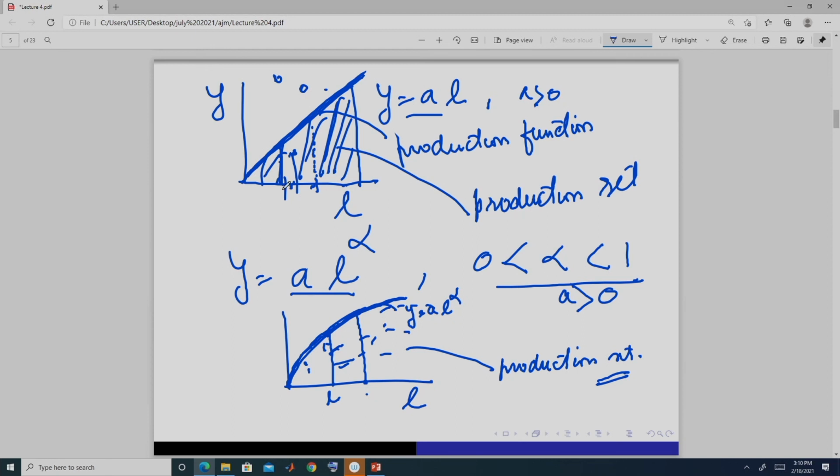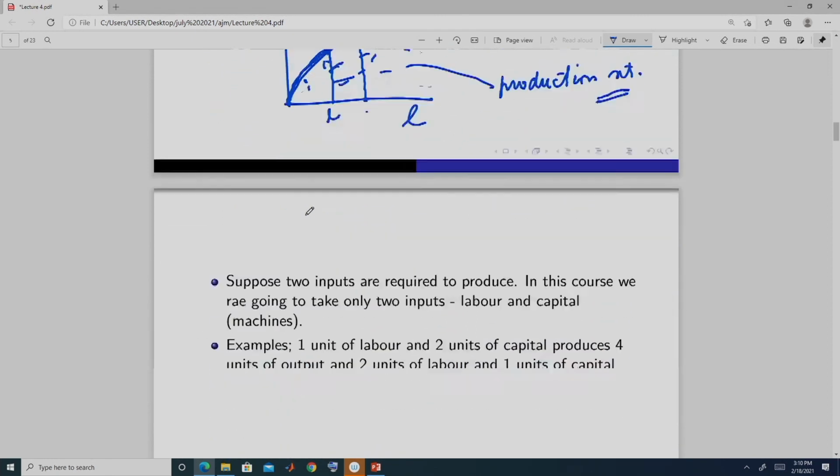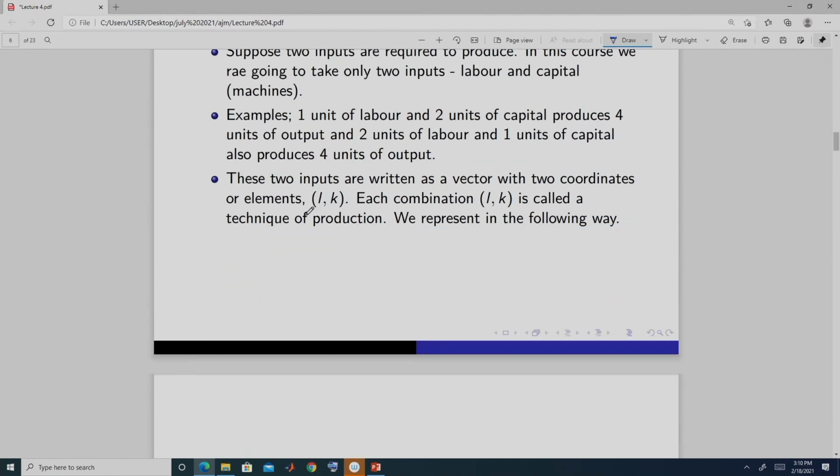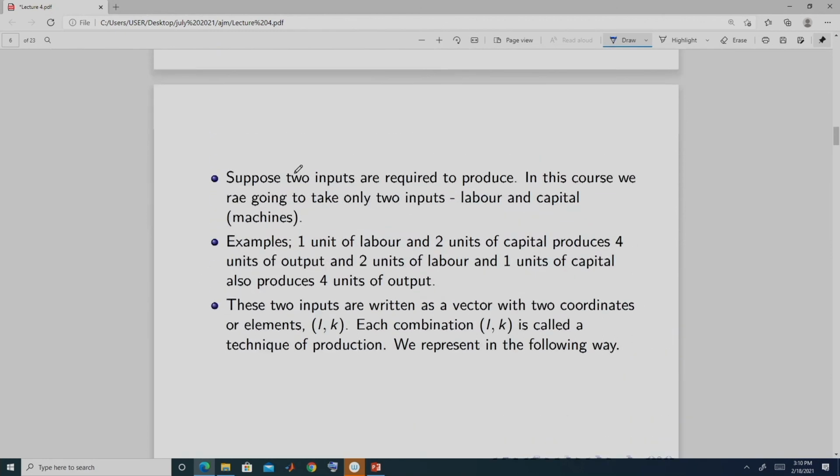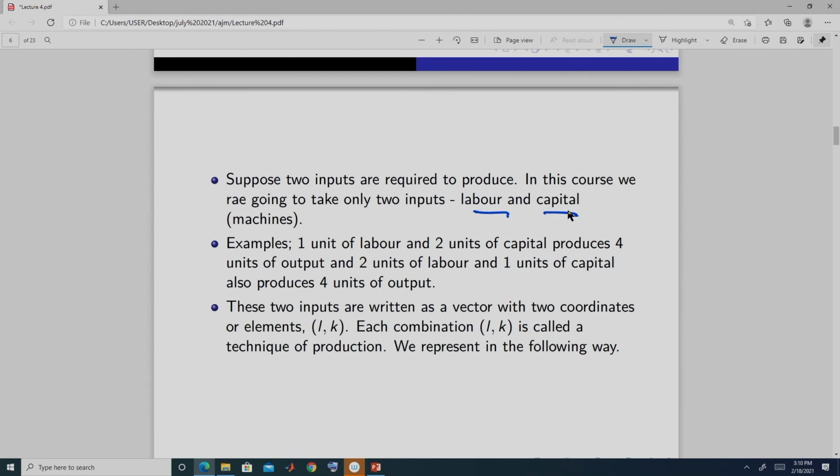Now, let us complicate this. Suppose we have two inputs, labor and capital. Capital means some machines, so labor along with some machines produces output. Since we have two inputs, we can combine them in different ways.